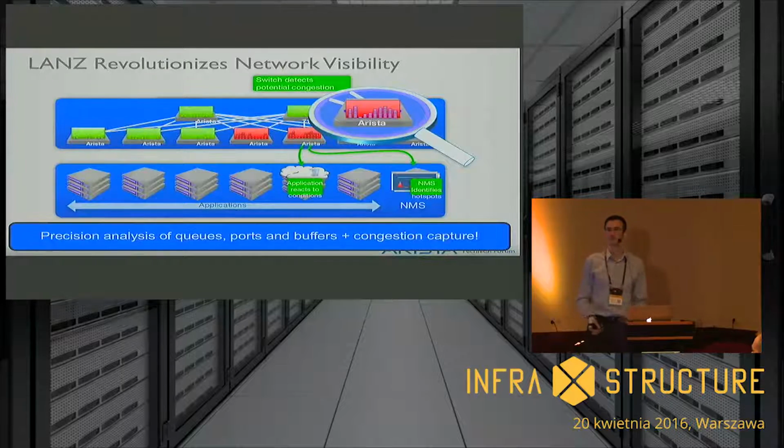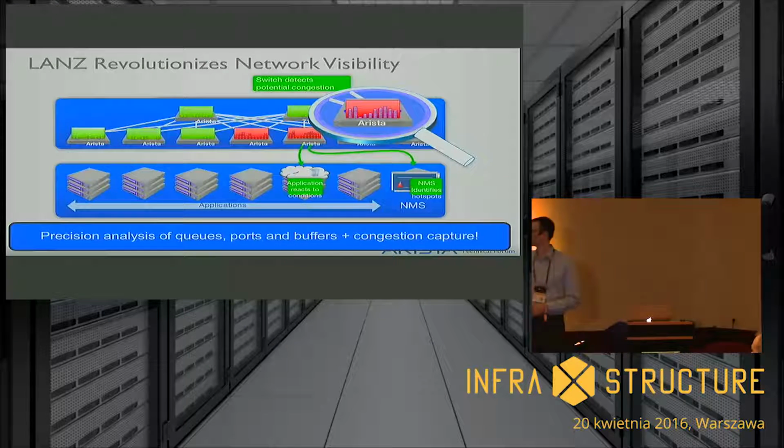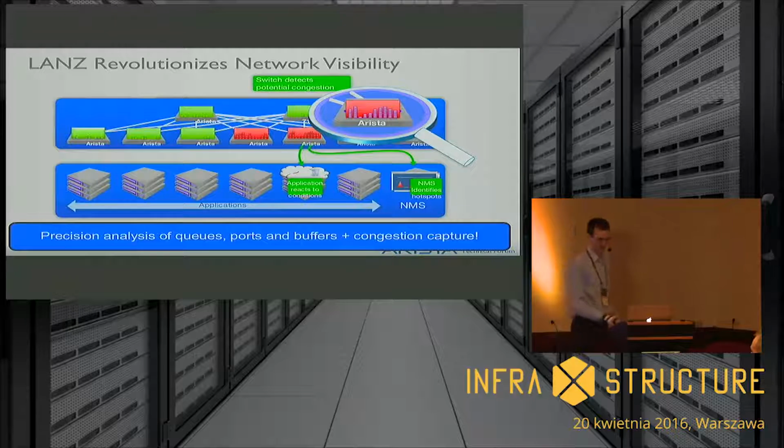But actually, you might have some hot spots somewhere where you have congestion, maybe because you've got 40 gig or 10 gig uplinks sending traffic to the switch and everything down is just 1 gig. Or maybe all your compute is sending traffic to your storage. How is buffer management on your switches? So LANZ gives you that visibility.